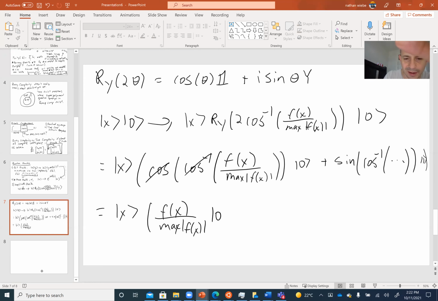Then, using some trig identities, or equivalently seeing that the tensor product has to be a unit vector, we can see that this is equal to, actually minus, the square root of 1 minus f of x squared divided by max absolute value of f of x, 1.